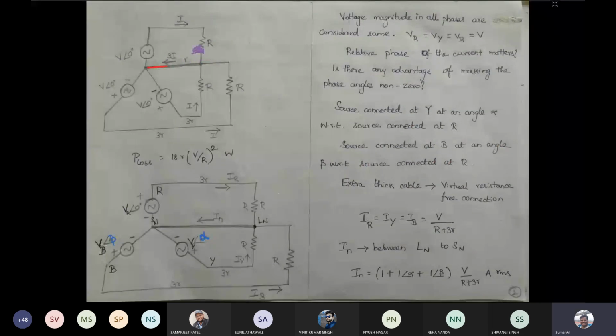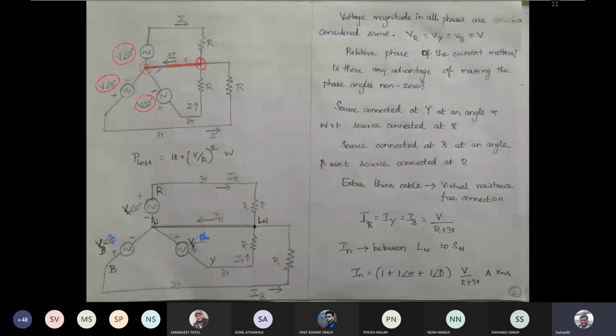Okay, so now we will define this point and this point. These two points are called the neutral point. Earlier we were using the same source V angle 0 for all the sources.